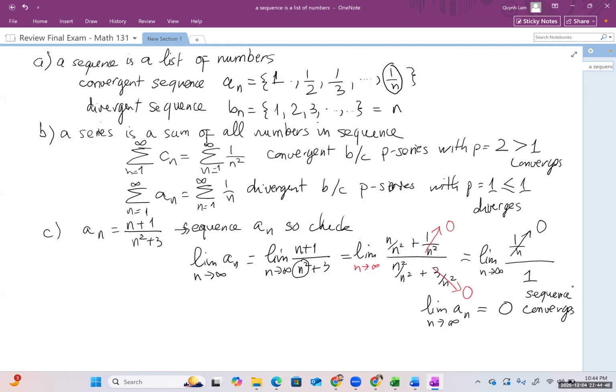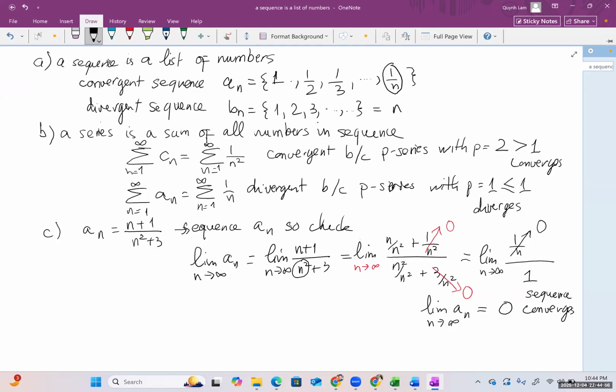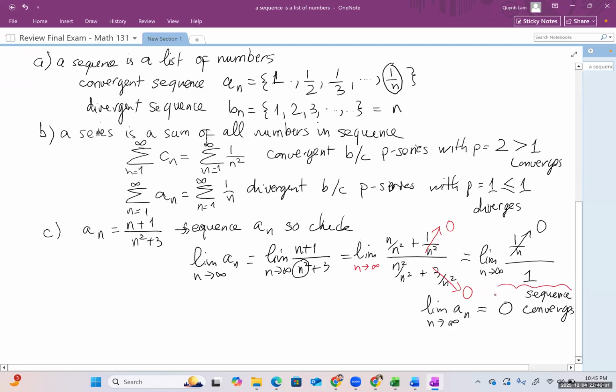All right, so that's how we prove a sequence converges or diverges.